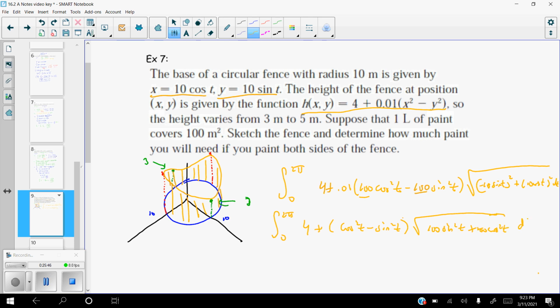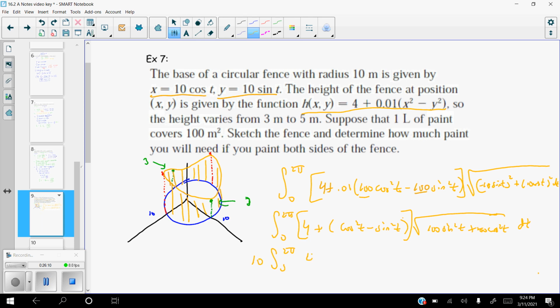Wonderful. Factoring out the 100, you're left with sine squared plus cosine squared, which is 1. You can then take the square root of 100, which is 10. And really, there should be a bracket here, because that 10 that we pull out has to get distributed to everything, or I can just pull it all the way out to the front.